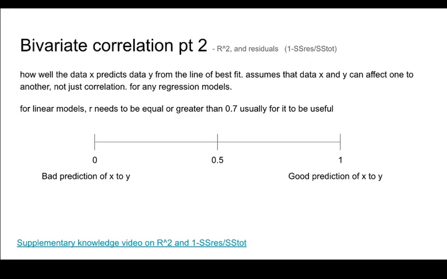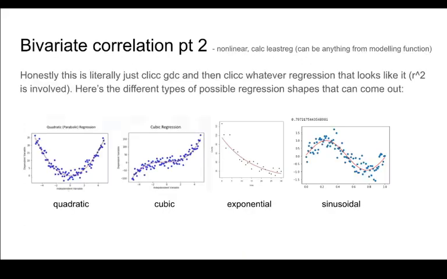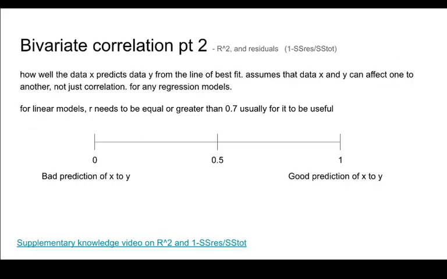This time it is on a scale of 0 to 1. So if it's 1, then that means the best model that you have, the best line of fit for the data that you have, can predict the data set perfectly.